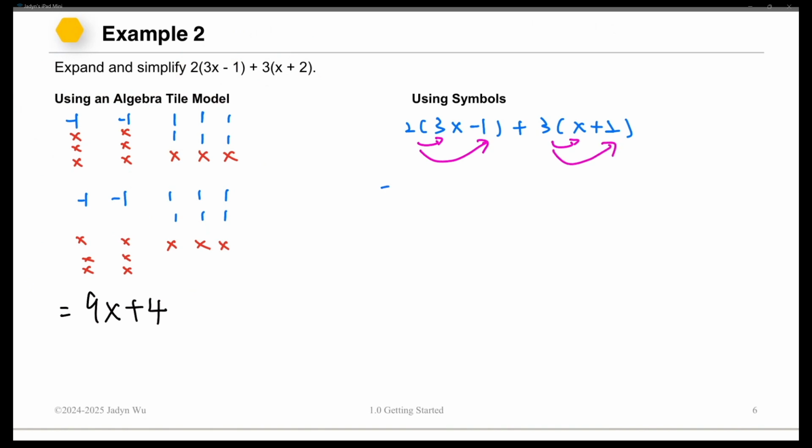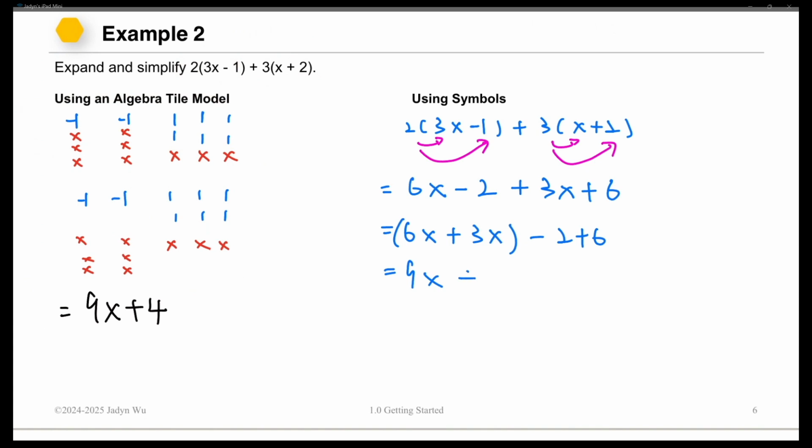Now we'll derive 6x minus 1 times 2 plus 3x plus 2 times 3, which is 6. And I will simplify the like terms, or add or subtract the like terms here. And I will derive my final solution, which is 9x plus 4.